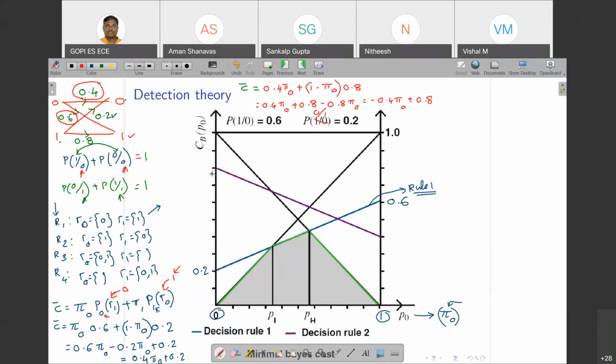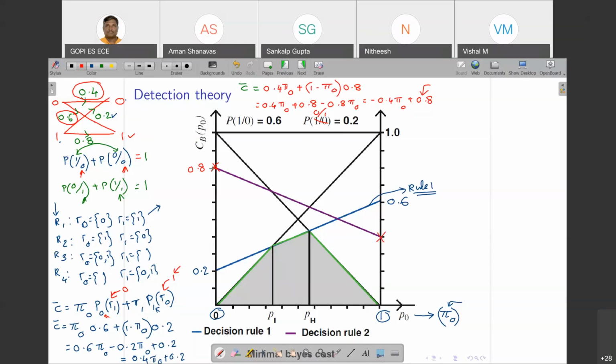Let us say that at pi naught equal to 0, you are getting that value as what? 0.8, right? When pi naught is 0, you get 0.8 here. But when pi naught is 1, you get minus 0.4 plus 0.8, which is 0.4 here. 1, 2, 3, 4, and this is what you are getting.